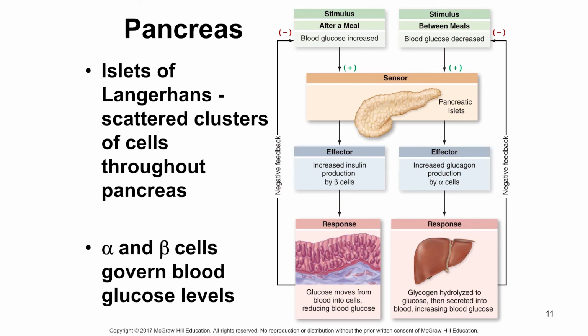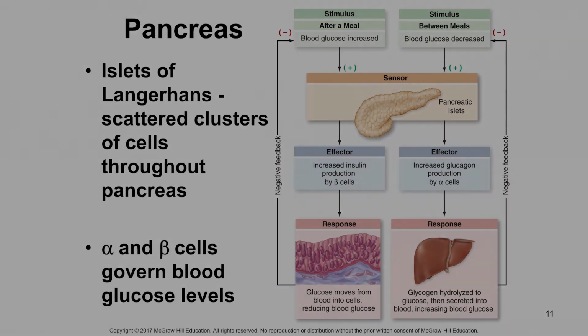And on the other hand, with glucagon, its release is triggered by low glucose levels, and its activity results in the increase in blood glucose levels. So its effect then, through negative feedback, decreases the signal that causes its release.